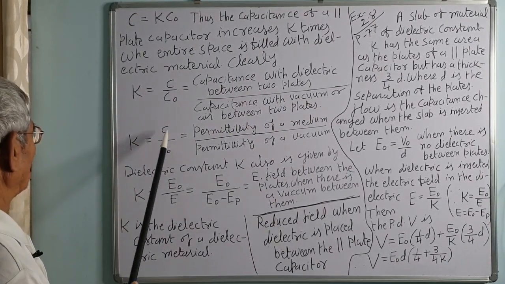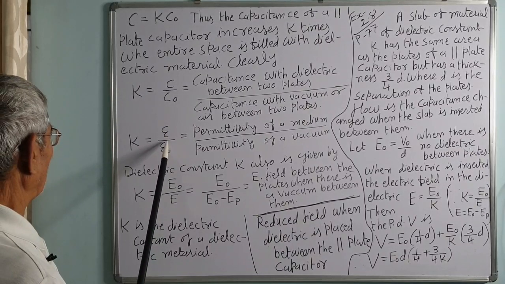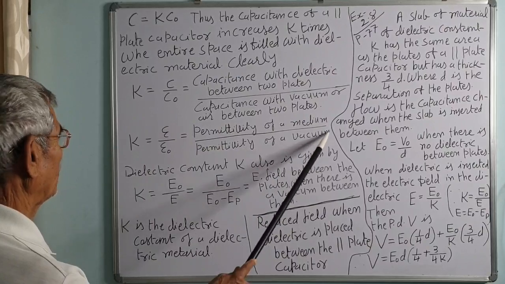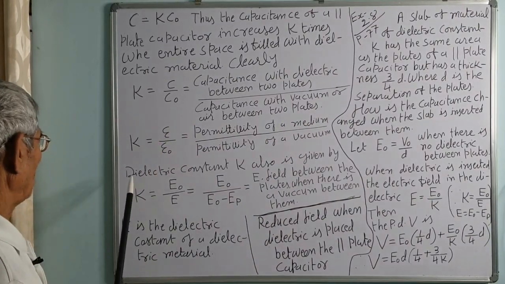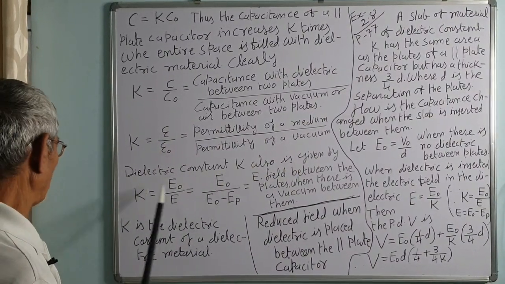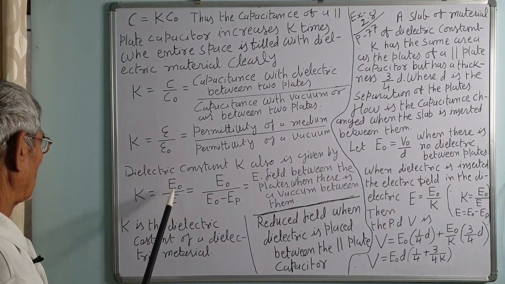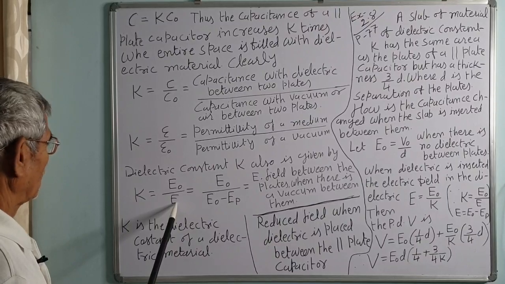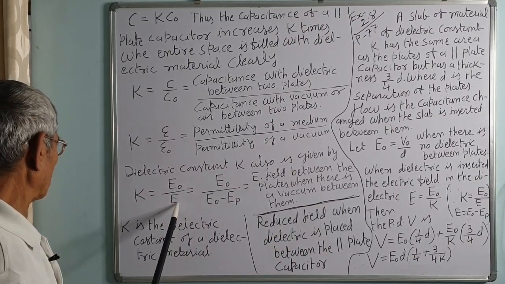K is also given by the permittivity of the medium upon the permittivity of a vacuum, that is epsilon upon epsilon 0. The dielectric constant can also be given by the equation K is equal to E0 upon E, where E0 is the applied electric field and E is the reduced field when a dielectric slab is introduced between the parallel plate capacitor.